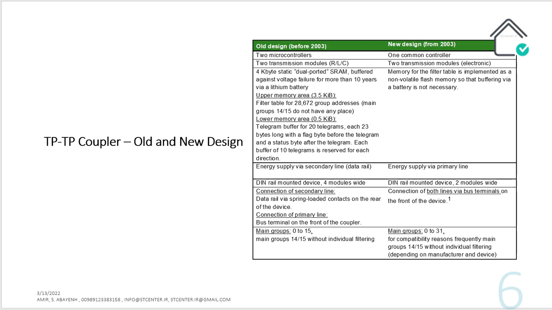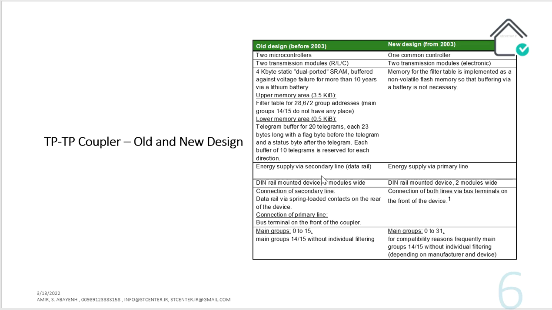Then, how we energize the line coupler or backbone coupler. Important: nowadays, it is only energized by the primary line. So we should have the power supply on the primary line, like the main line or backbone line. But before, the couplers were energized by the secondary line.